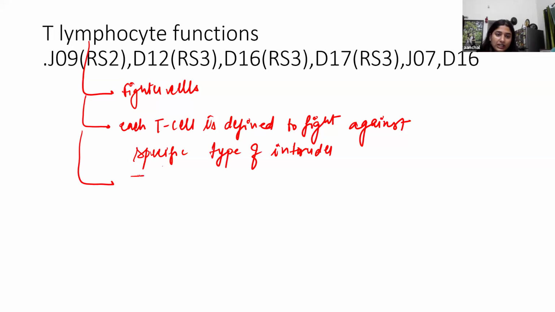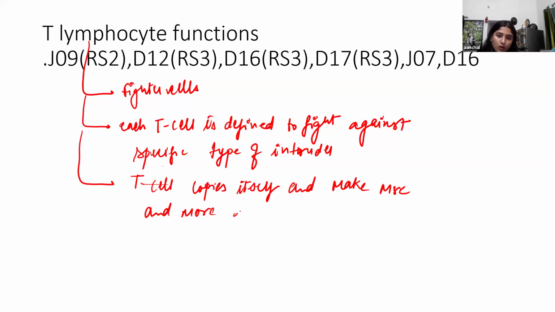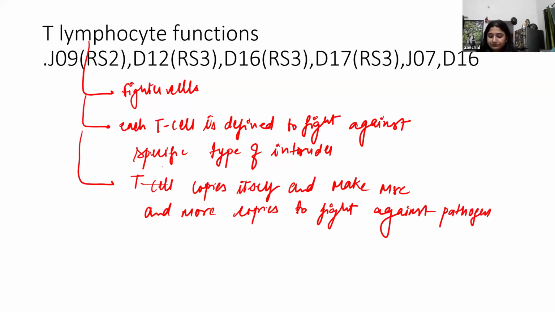Another thing, T cells copy themselves and make more and more copies to fight against the pathogen, right?